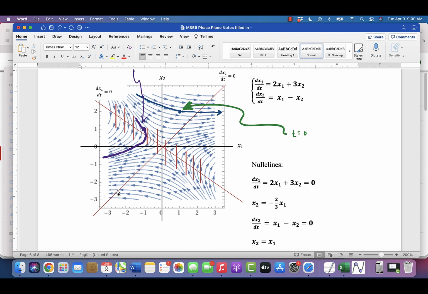Notice x1 is the horizontal axis, so x1 measures left and right motion. If there's no left and right motion going on, that means you're turning around, either from going to the left, turning around and going back to the right, or if you're going to the right, then turning back around and going to the left. And that automatically gives you a vertical tangent line.